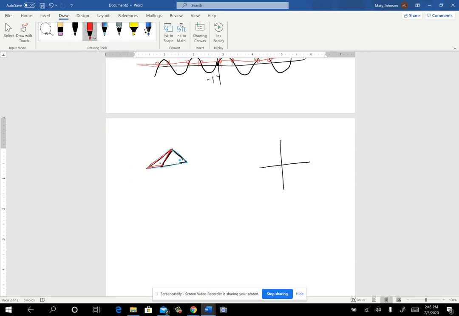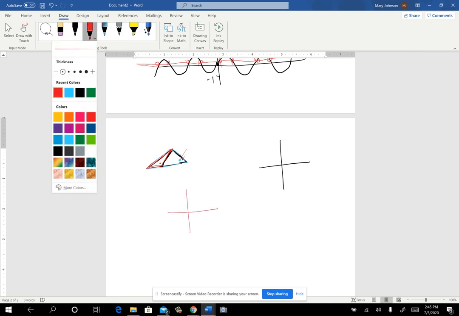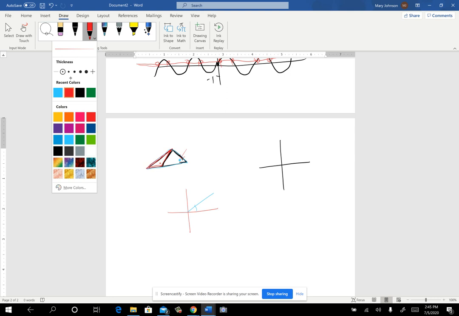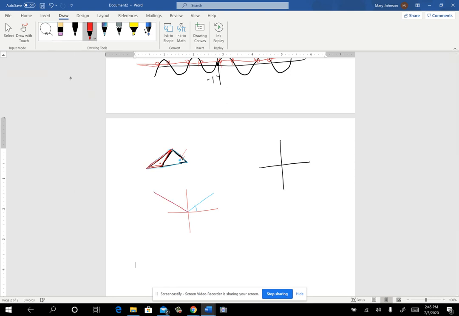Our calculator would give us back the acute angle, and then we had to think about, okay, the calculator gives me the acute angle over here, but here's another angle that could be an angle in a triangle that would have the same sine value as the original one, because they have the same vertical height, and sine is related to that vertical height.